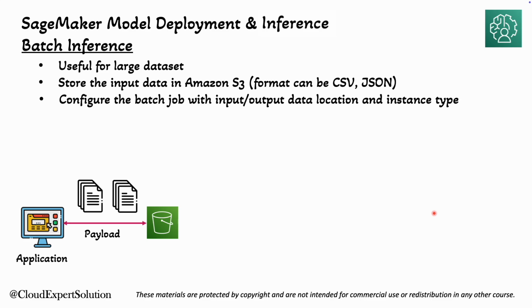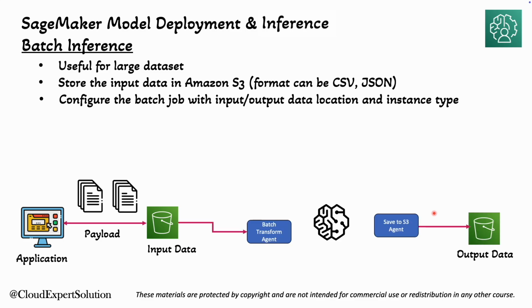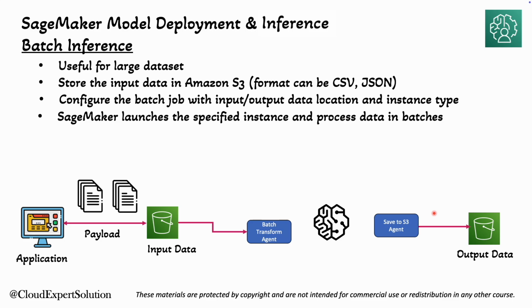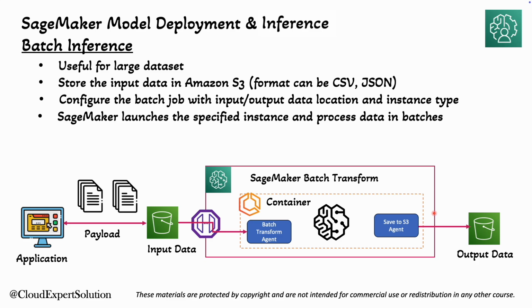Then you are going to configure a batch transform job specifying the input data location, output data location, and the instance type. Based on these parameters, SageMaker will launch the specified instances and process the input data in batch. Then the model will generate the prediction for each batch and store the results in the specified S3 output location.